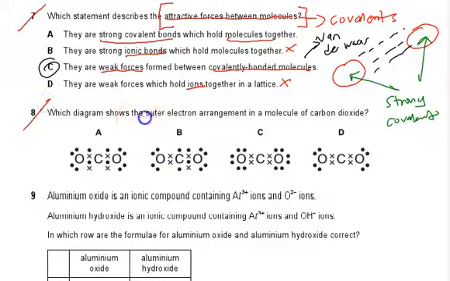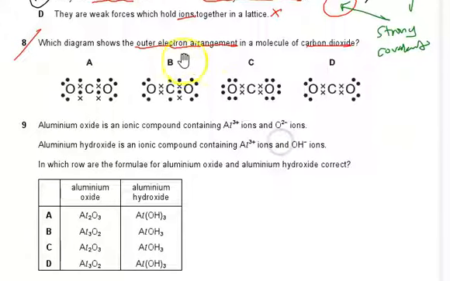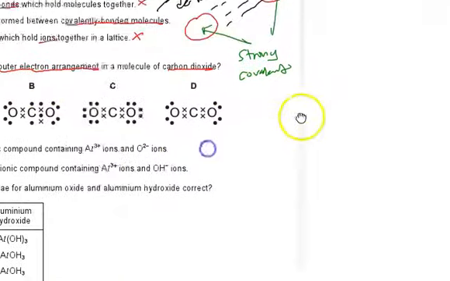Which diagram shows the outer electron arrangement in a molecule of carbon dioxide? Okay, for carbon dioxide, now let me draw the Lewis structure here. Okay, so this is the Lewis diagram.